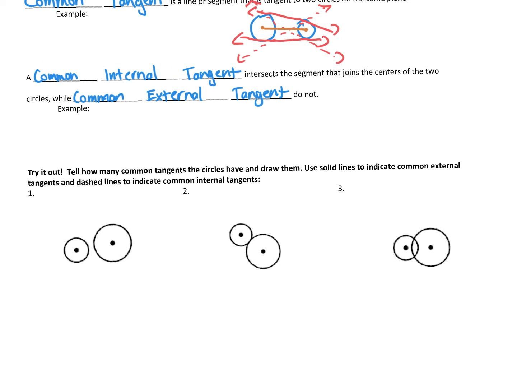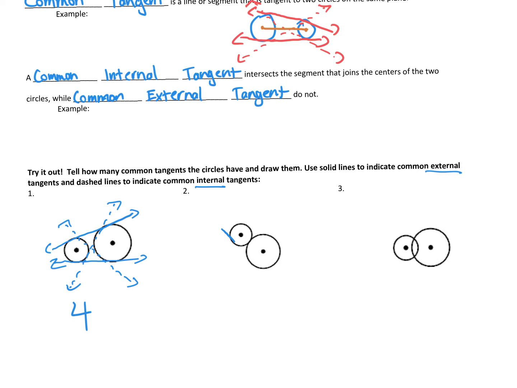Okay, so let's try it out. See how many common tangents, draw them, use solid lines to indicate external, and dashed lines to indicate internal. So here on the outside, this is external, and the inside are internals. So this has 4 lines.